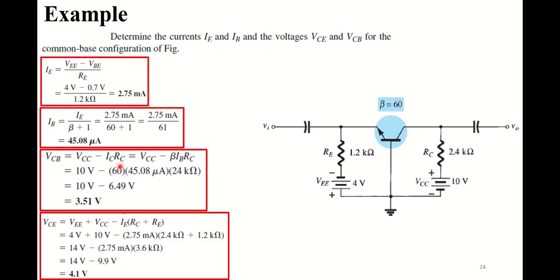By replacing all the given values, we can easily get VCB is equal to 3.51 volts. Finally, by applying KVL on the outer loop, we can get the equation for VCE, and by placing the given values of parameters, the value of VCE is equal to 4.11 volts.